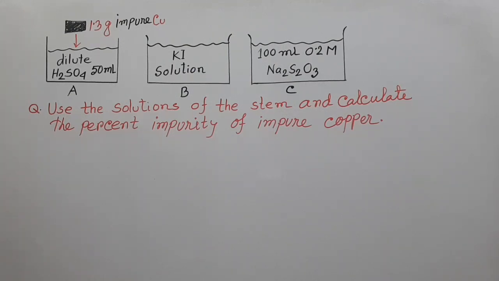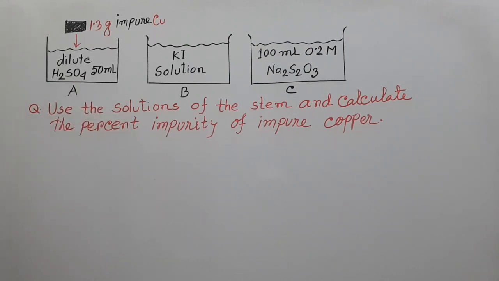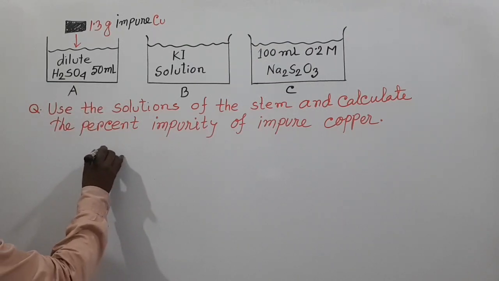My dear students, in the STAM, if copper is added to this dilute sulfuric acid, then it produces copper sulfate.